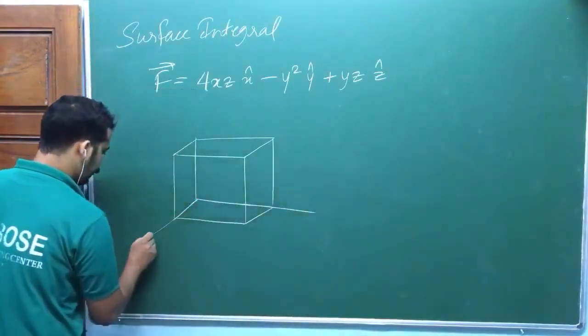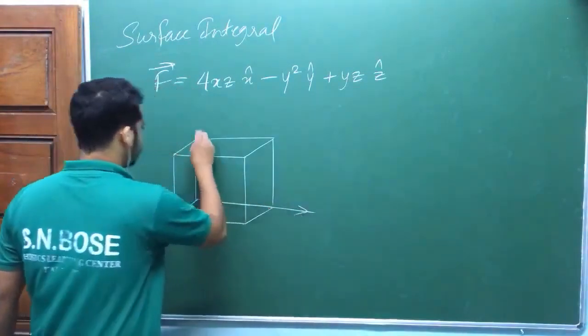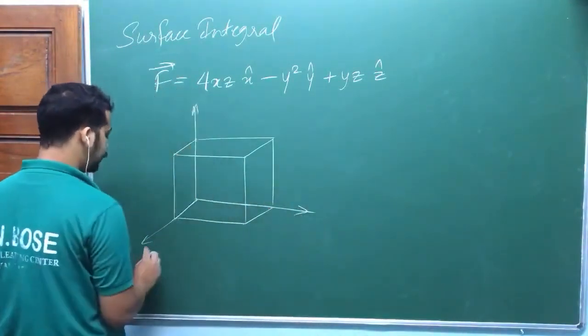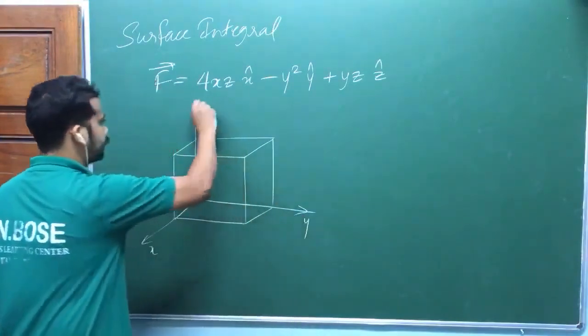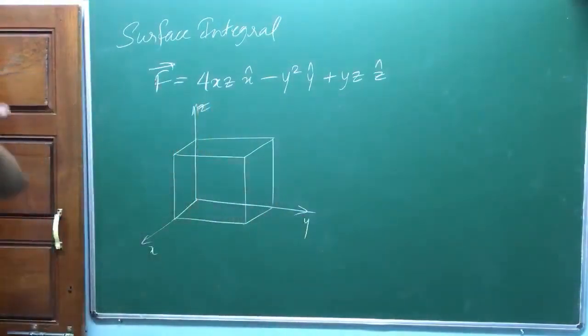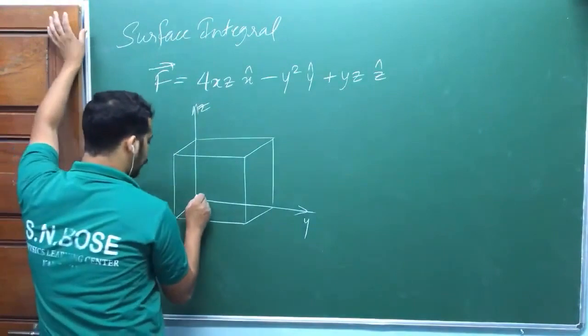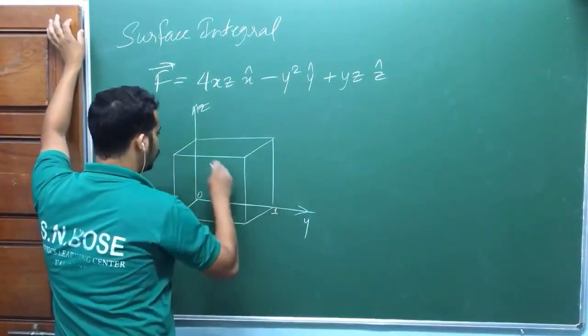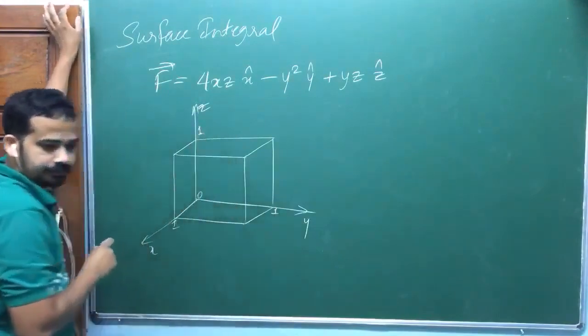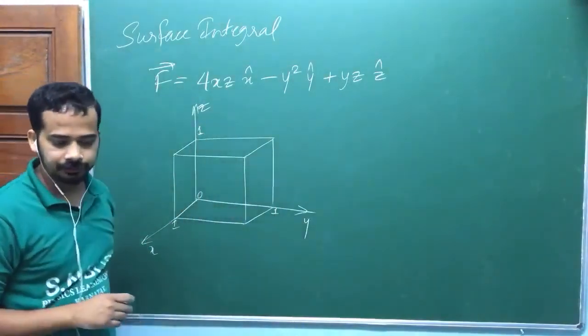Surface of a cube. Let me just explain the method here. X, Y, Z. You should do it yourself. This is the origin. This is 1, this is 1, this is also 1. Is that okay?